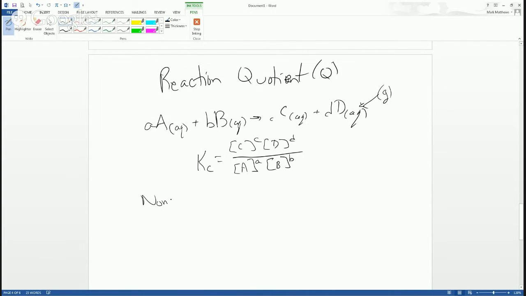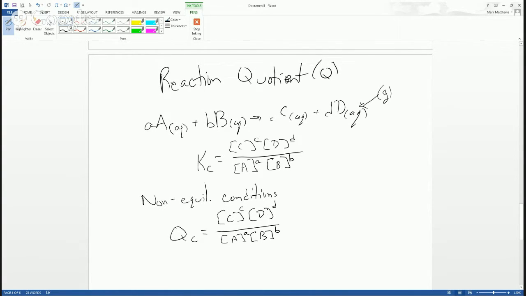But if you're not at equilibrium, in other words, these concentrations are anything but the concentrations that give you this magical constant K, you have this thing called a reaction quotient. It's the ratio of each product over each reactant, each raised to a power equal to its coefficient.